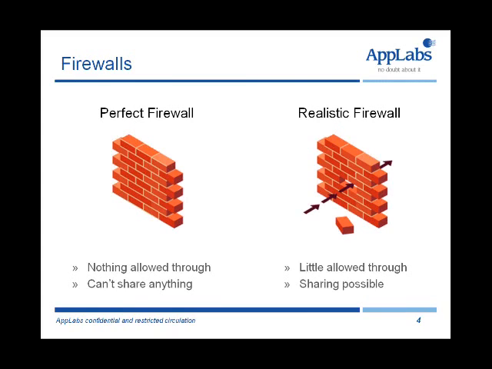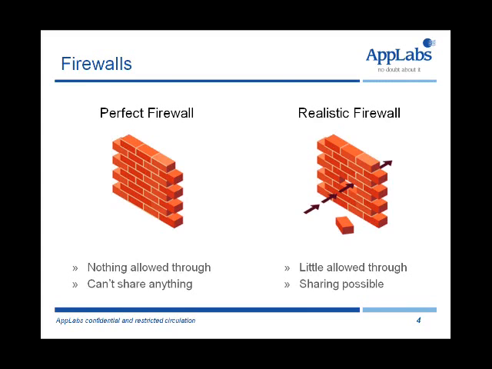When we think about security on the Internet, the first thing we think about is generally a firewall. A perfect firewall would protect our systems and networks by not letting any traffic in or out. But if we had that kind of firewall, we might as well just disconnect ourselves from the Internet because we couldn't share or receive any meaningful information.